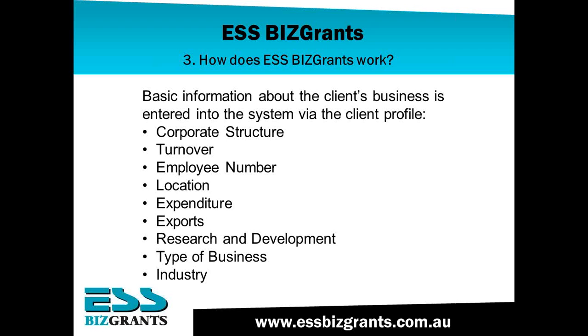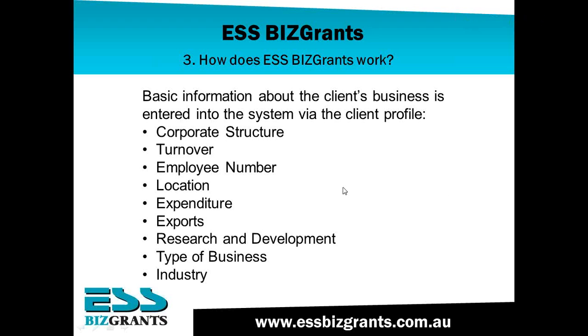Exports, we need to know if the business exports, because there are federal government and some state governments have got grants for exporters. Research and development, not only is it giving us a link that this business may be eligible for the R&D tax rebate, it's a lead into another major grant called Commercialization Australia, which will assist entities who have undertaken the development of new products, processes or services.